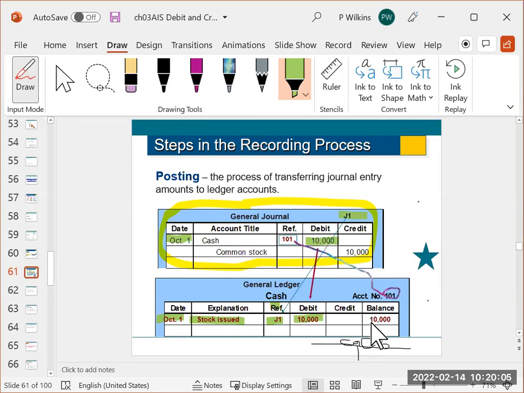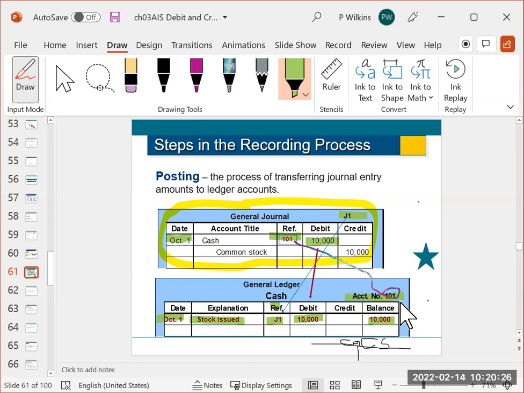And then in a ledger card, you carry the balance all the way over to the right. So it's a $10,000 balance. I'm also going to put up above in the general journal reference number 101. And reference number 101 is the account number for the cash account. Now in accounting, all of your accounts have a number.